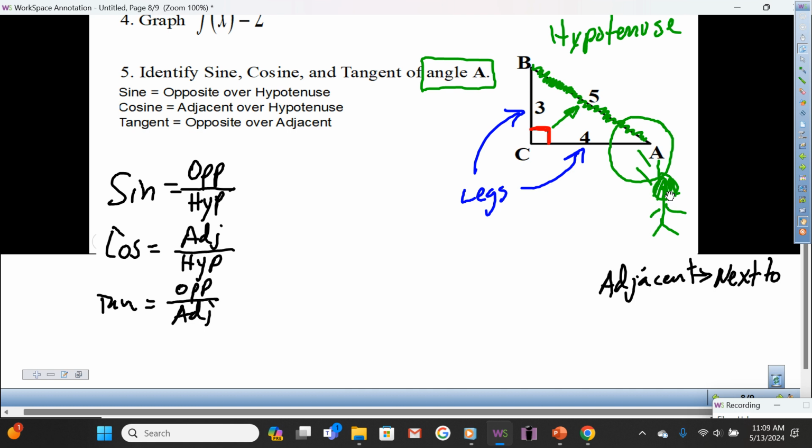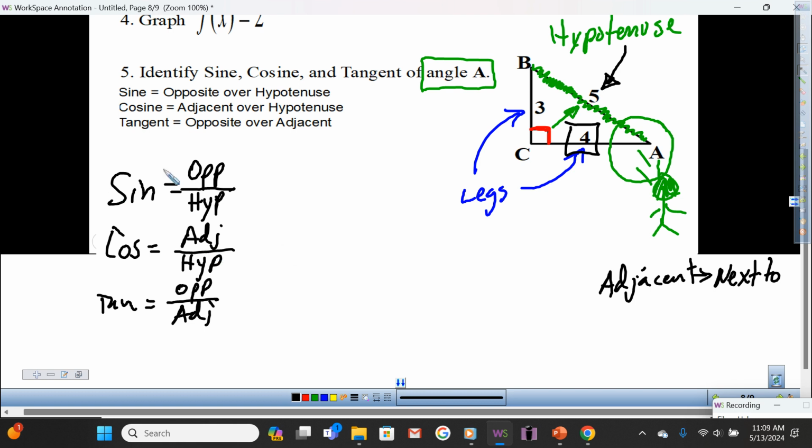What's next to that person? Everyone, what would be next to that person? The 4. The 4 is next to. You're saying, but isn't hypotenuse next to Mr. Q? Yeah, but hypotenuse already labeled hypotenuse, so it can't be hypotenuse. The other side that's next to that person is 4.